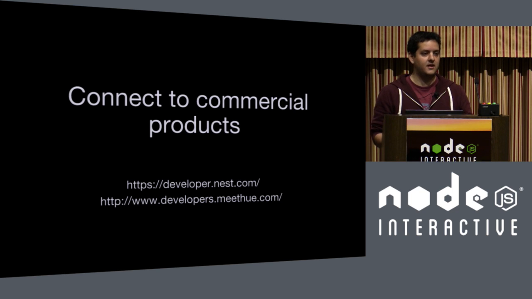Usually, they're just REST-like APIs, so it's pretty straightforward to interact with them with Node. And several of them have Node packages already built that make things even easier. So I think having chosen Node as a developer platform, it's already paying off.